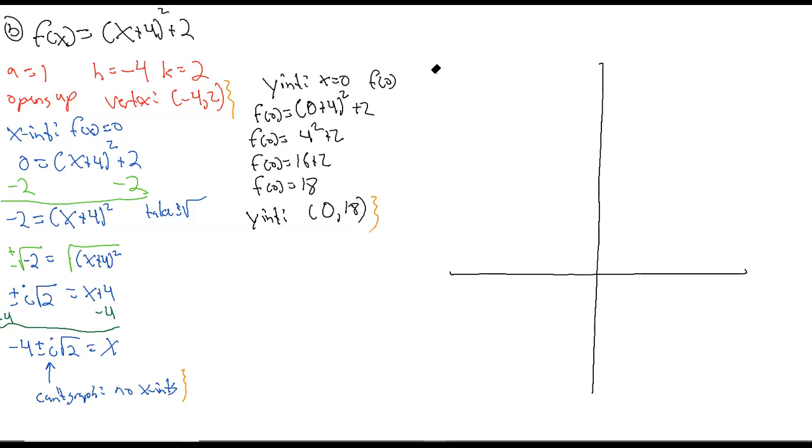Here we go. All right, x, y. So the vertex of -4, 2, that's left 1, 2, 3, 4, and up 2, 1, 2. That's -4, that's 2. And I said I'll do my vertices as red for emphasis. There we go.